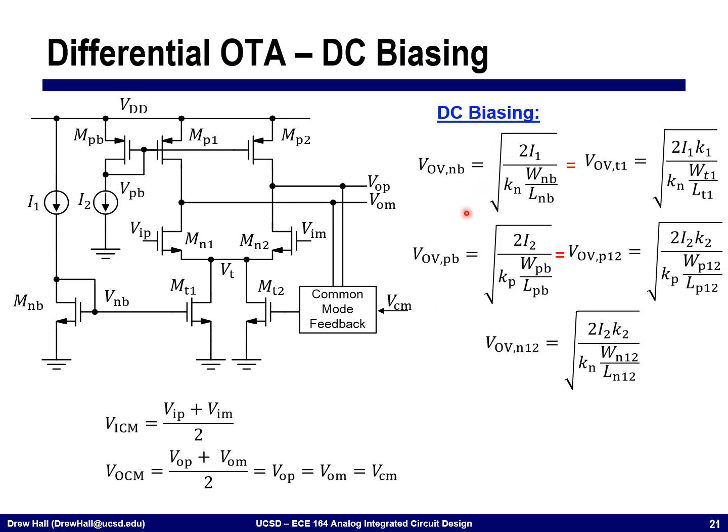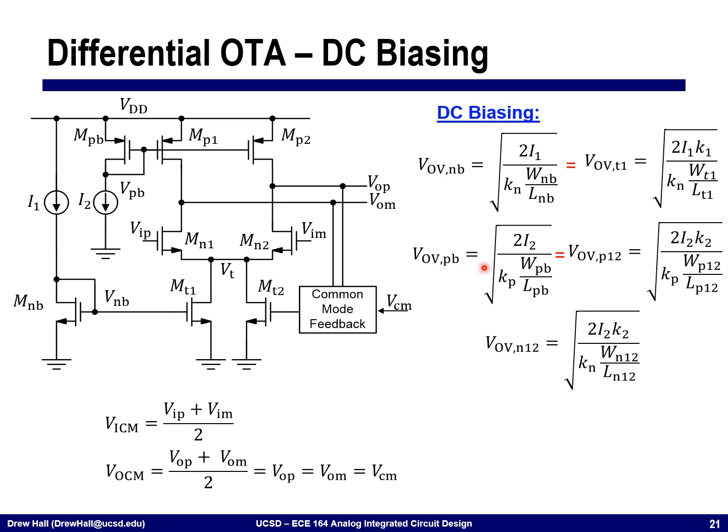All right, so calculating the overdrive voltages, again, for each of these transistors, starting with this diode connected device here. This device has I1 amount of current in it, and so its overdrive voltage is the square root of 2I1 divided by Kn W over L. This is going to be equal to the tail device as well, MT1, where it has K times the current running through it, but it also is K times larger.